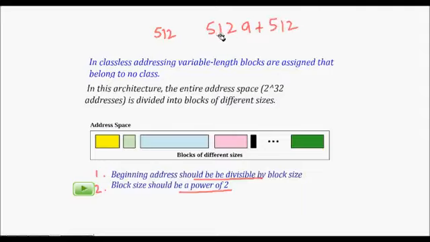Because 512 is divisible by the block size, the end address will also be divisible by the block size, and then we can start new blocks. This way a 512 size block can start again.